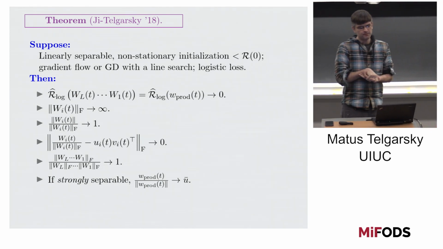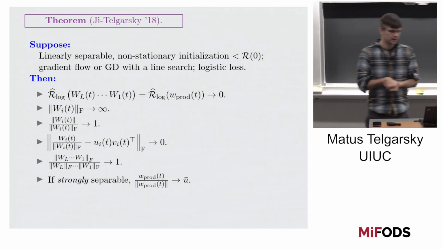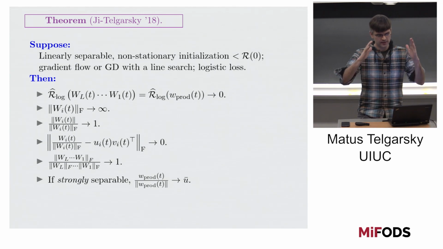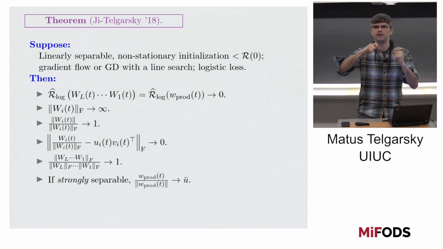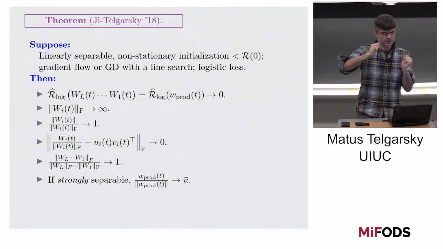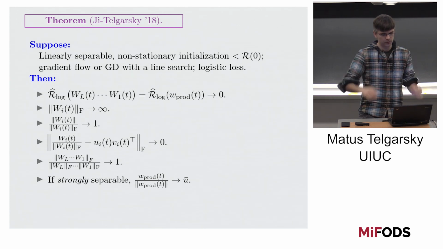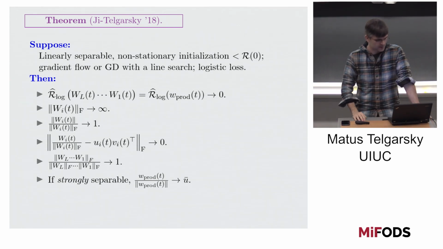And lastly, if you use one more technical assumption, so if you assume that the data is not only separable, but that the points that support the margins are full rank. It's a technical assumption.